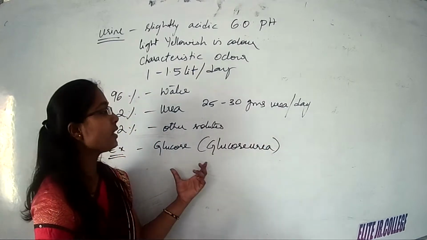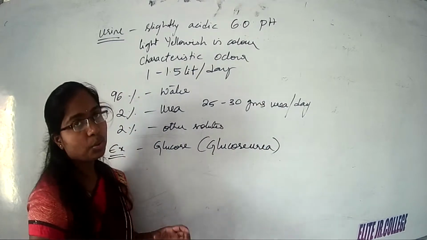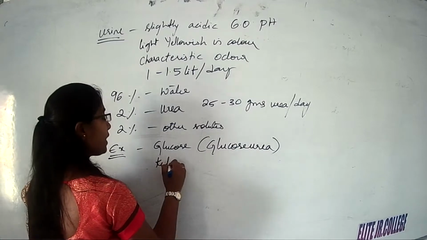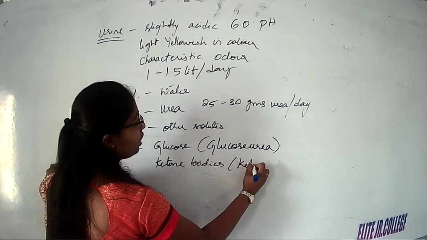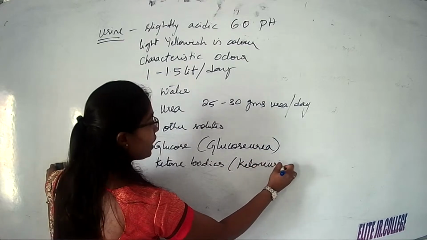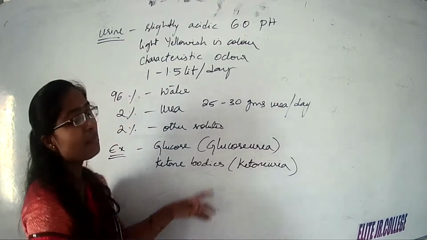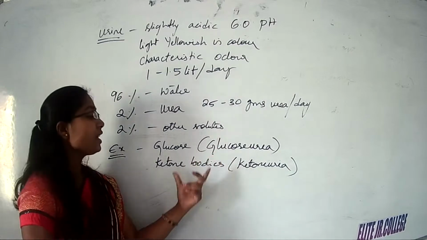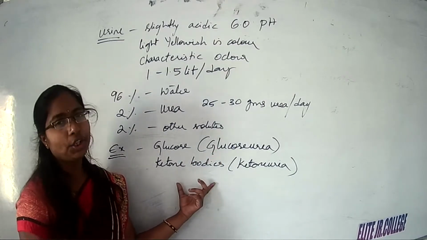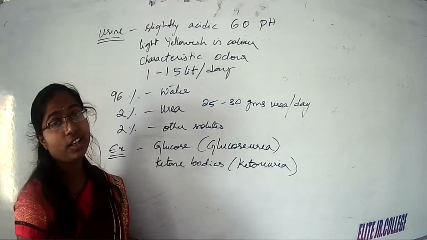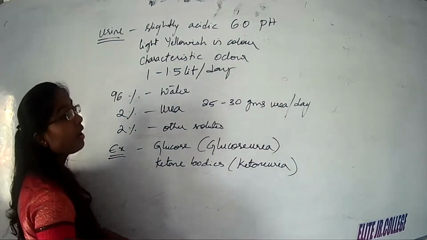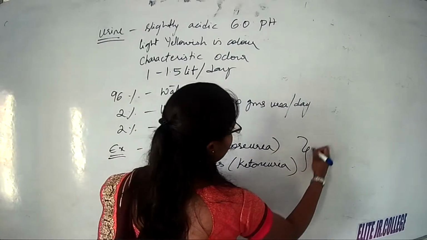That means the presence of glucose in the urine. Then sometimes there are also ketone bodies in the urine, which the condition is called ketonuria. So glucosuria and ketonuria are conditions which are generally found in diabetes mellitus.